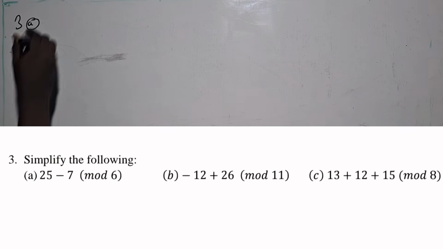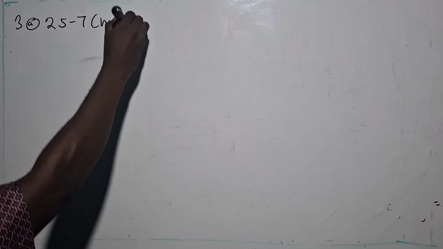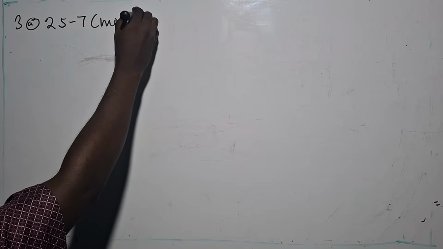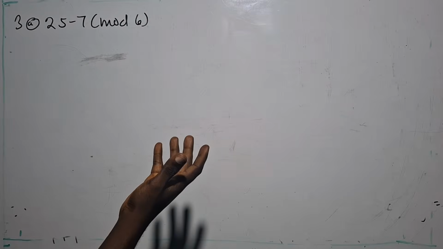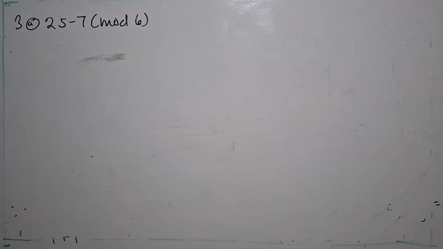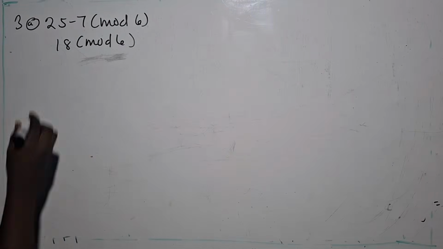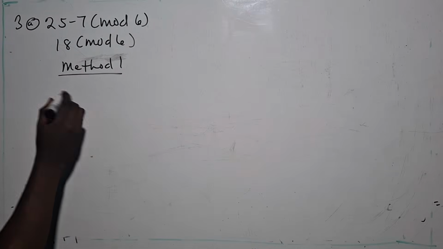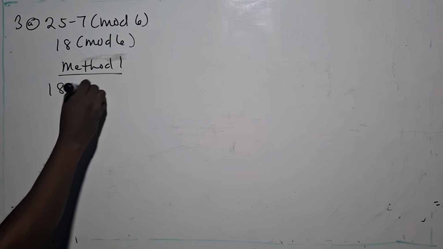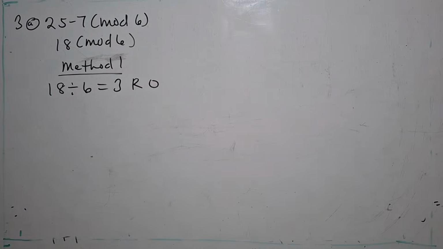So the first one is 25 minus 7 mod 6. If you're a student of this channel, at this point you know what to do. We are going to subtract 7 from 25, for which we get 18, and we have 18 mod 6. With method 1, which is the division method, we have 18 divided by 6. 18 divided by 6 is going to give us 3, remainder 0.